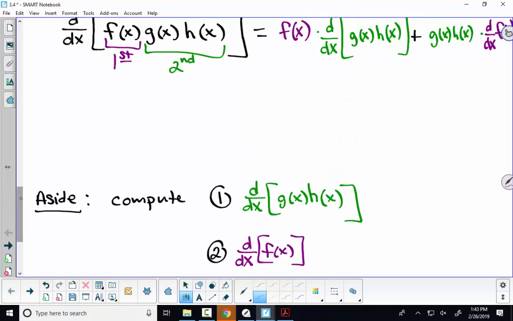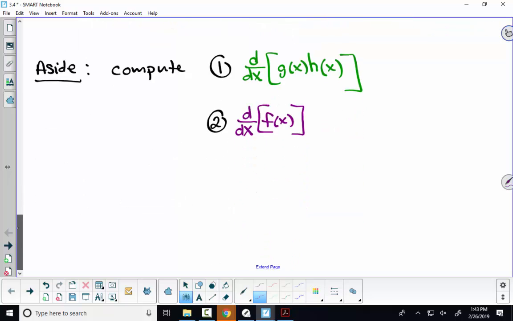Once I have those two derivatives without derivatives in them, then I go back up here and I just plug those in, and that's my derivative. But we see there, to compute the derivative of g times h, as sort of a secondary step, we've got to use another product rule there. So this is first times the derivative of the second plus the second times the derivative of the first.